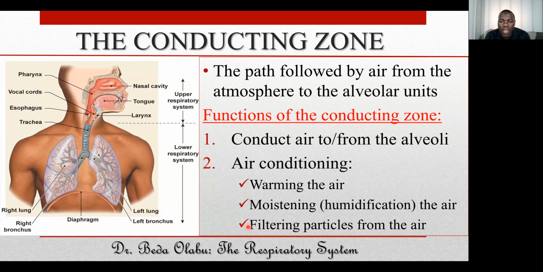We had mentioned the hair within the nasal cavity that helps to trap particles. We also mentioned the mucus lining of the respiratory tree. Then couple that with the ciliary activity of the conducting zone, which helps to filter and also reject particles. Great. So when you talk of air conditioning, think of warming of air, moistening of air, and filtering of air.